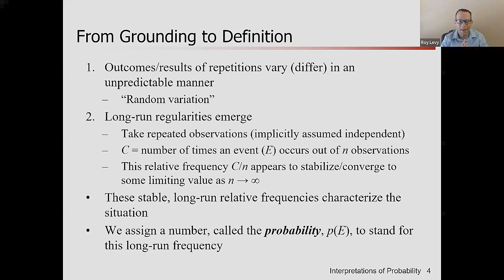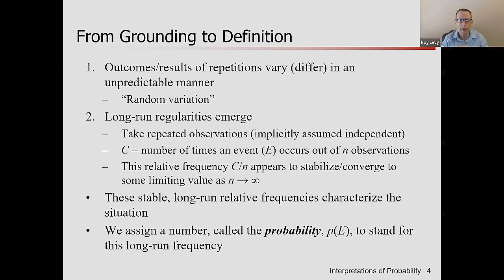Okay, let's work our way into this. From this grounding, we understand that the outcomes of many repeated instantiations of something will vary, they will differ in an unpredictable manner. We call this random variation. However, over many repetitions, long-run regularities emerge.